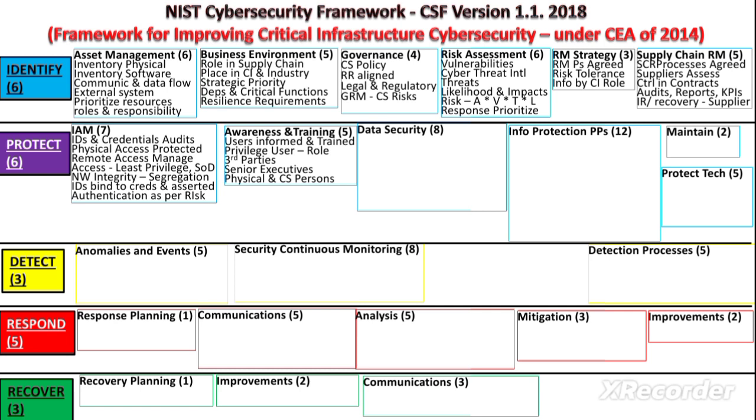Then in data security, you have to ensure the data security at rest and in transit, and you have to ensure the data security or asset security during the entire life cycle, starting from its creation or operations until its destruction or disposal.